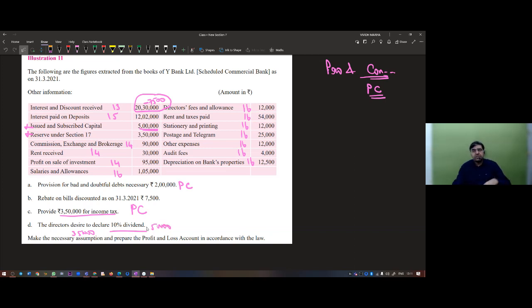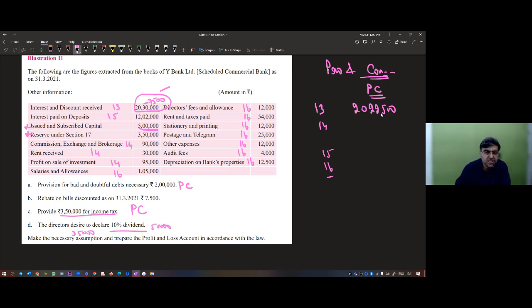I will not make schedule again, 13, 14, 15, 16, PC. So discounts and interest 13, it will go 20,30,000 minus 7,500. This will go 22,500.